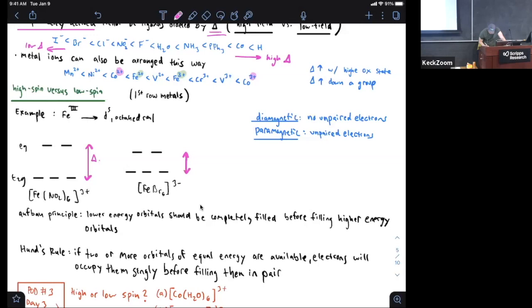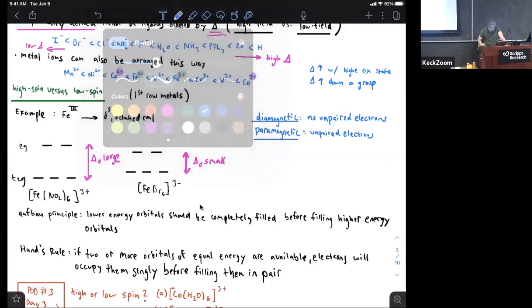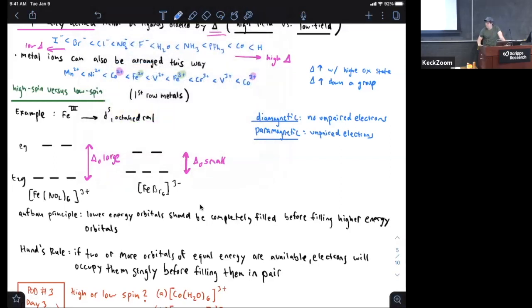In the overall series, it's not one of the most strongly, but it's strong with respect to bromide. Okay, and so let's go ahead and fill in this electron energy diagram. Any volunteers here for the one on the left?